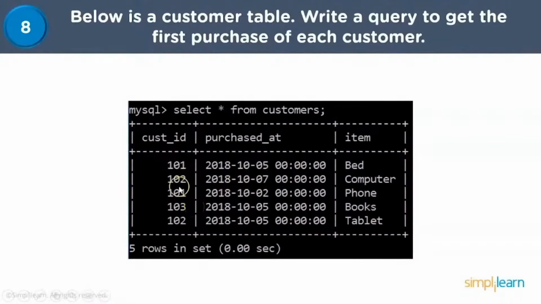Customer 101 made its first purchase on 2nd October 2018, which is this one, and customer 102 made its first purchase on 5th of October 2018. And since we have just one record for customer ID 103, this is going to be his or her first purchase. So I want to return 101 phone, 102 tablet and 103 books.